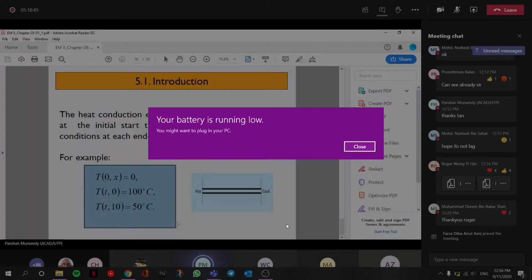We call it an initial value problem, IVP, or initial value boundary problem. That's why we have both, because this is a PDE. For a PDE, you have the initial condition and also the boundary conditions. So that's all for today's class.